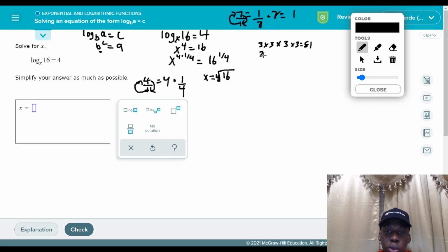So this is 2 times 2 times 2 times 2. 2 times 2 will be 4, right? 4 times 2 will be 8, right? And then 8 times 2 equals 16. So that means the number we have to multiply 4 times to get 16 equals 2. So x should be equal to 2.